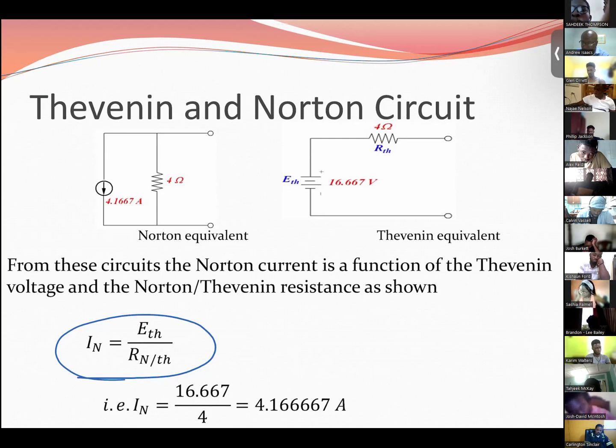What this is telling us, students, is that the two networks that we have looked at are relatively simple networks to analyze. But I guarantee you that you're going to come up against much more complex networks, which you will need to reduce to Norton or Thevenin.